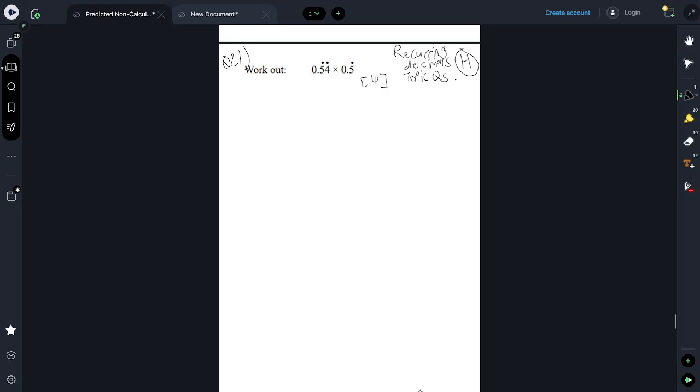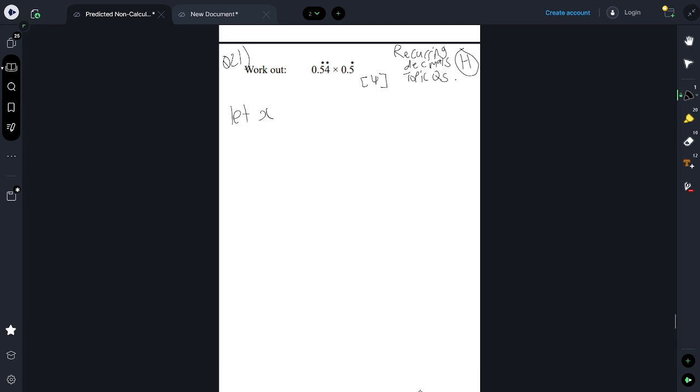So again, like everything else I've said so far, split this up. Do the first recurring decimal and then the second one. You need to know to convert these into fractions. So 0.54 recurring.